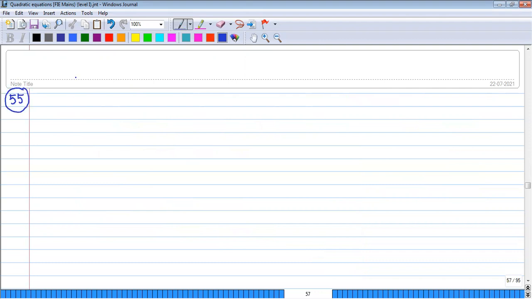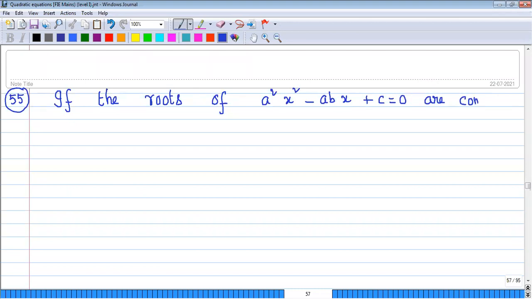Question number 55. If the roots of a square x square, that means coefficient of x square is a square, minus abx, coefficient of x is negative ab, plus c is equal to 0, are consecutive integers.